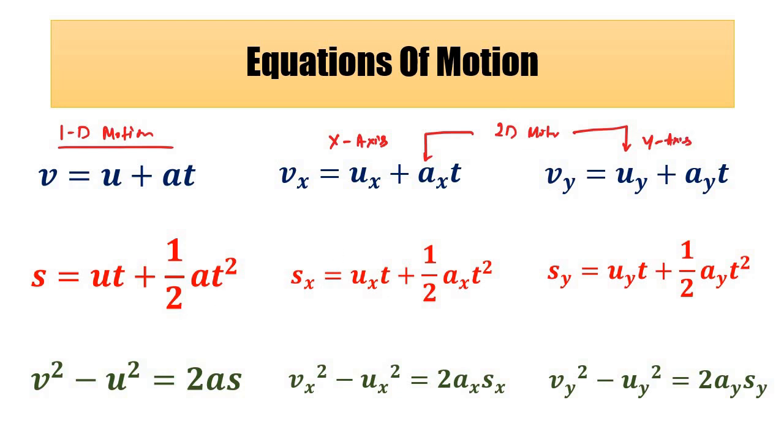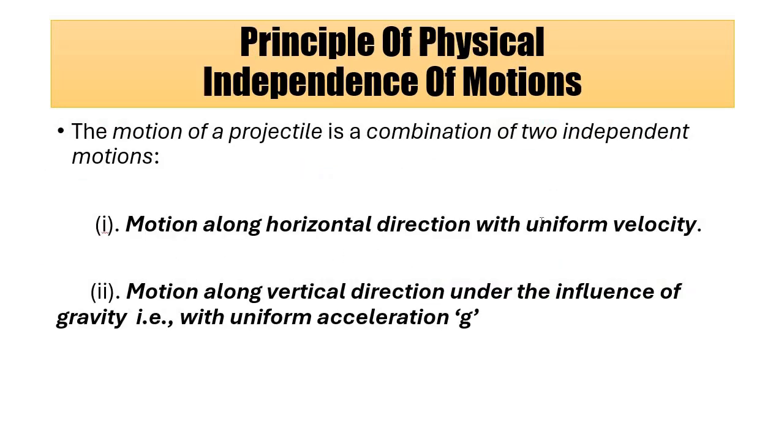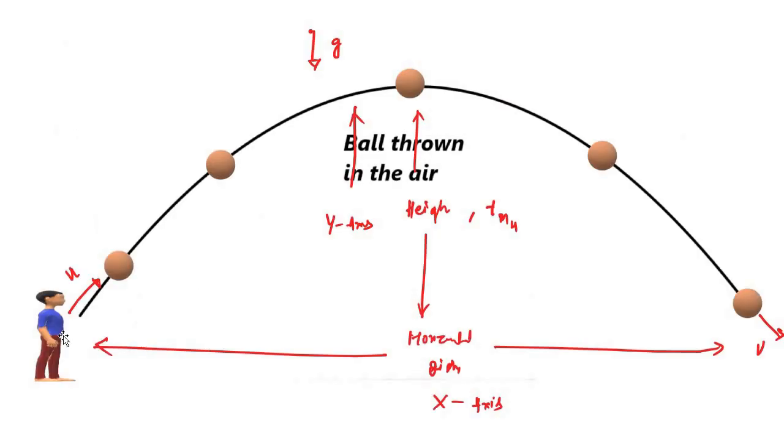So this is another important concept associated with projectile motion, which is the principle of physical independence of motion. What it basically means is that here, as the ball moves from its initial position to the final position F, motion is happening along two directions.